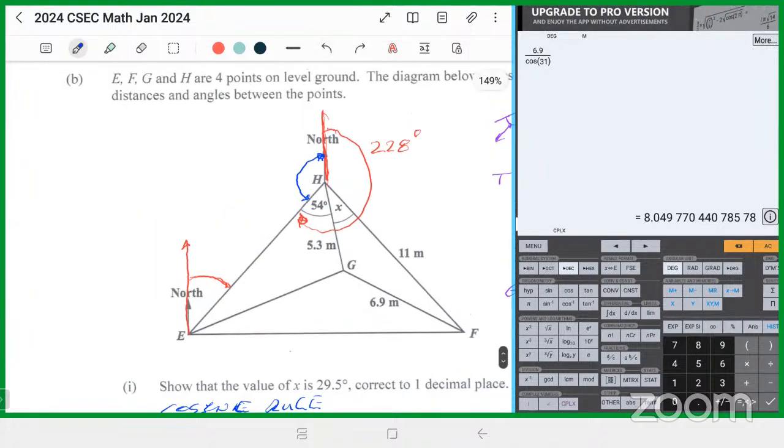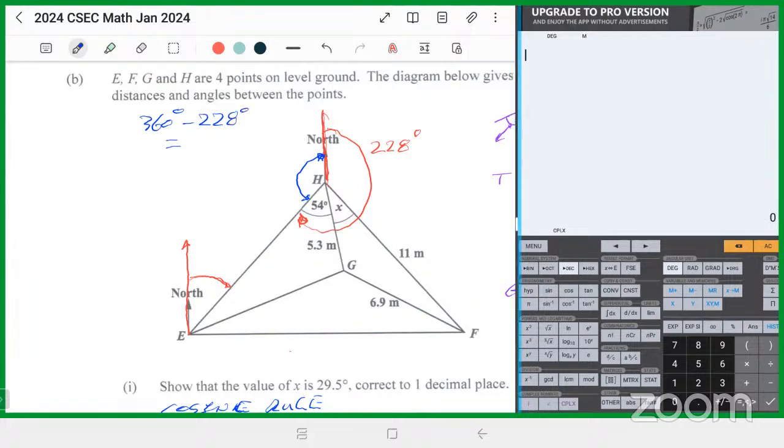So we can show on the diagram that this is 360 minus 228, which is 132.